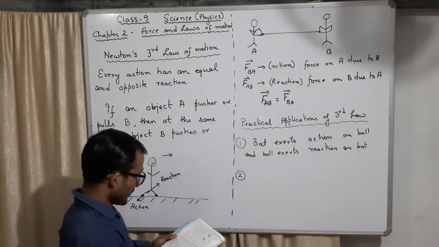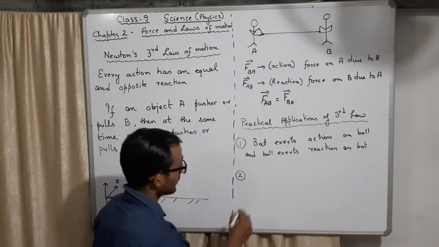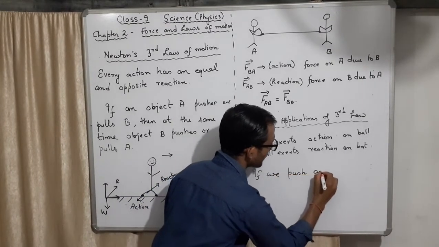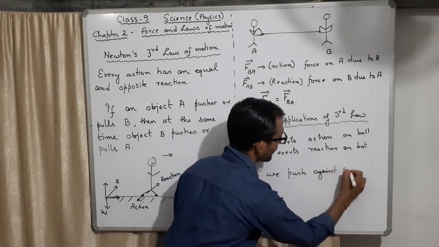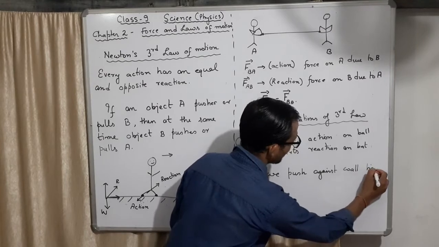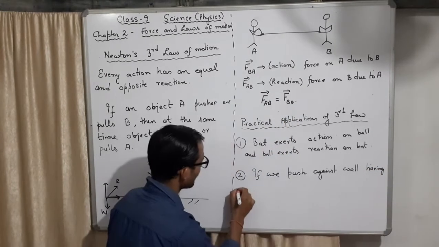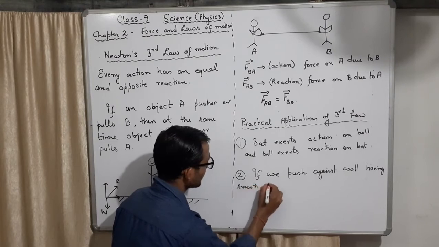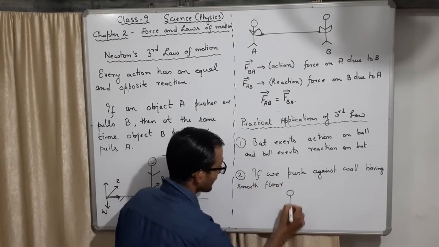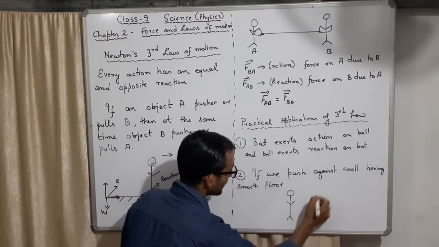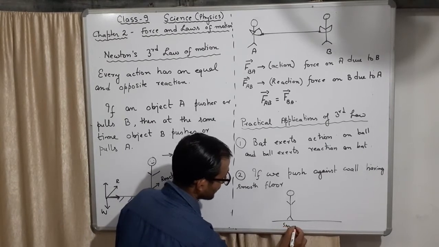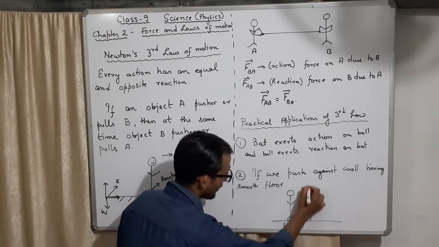Number 2, if we push against a wall having a smooth floor, imagine that you are standing here and the floor is very smooth, okay, and there is a big wall here.